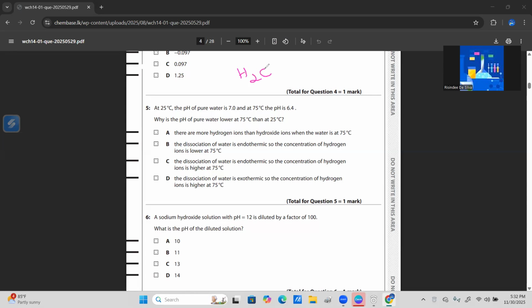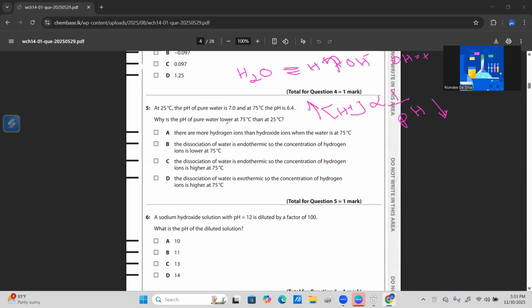Because we know ionization of water is endothermic. It's an endothermic reaction. So if you give more heat, what will happen? More H plus will be formed. And there is an inversely proportional relationship between H plus concentration and pH. When H plus is high, pH is low. That means at high temperature, more H plus is forming, right?